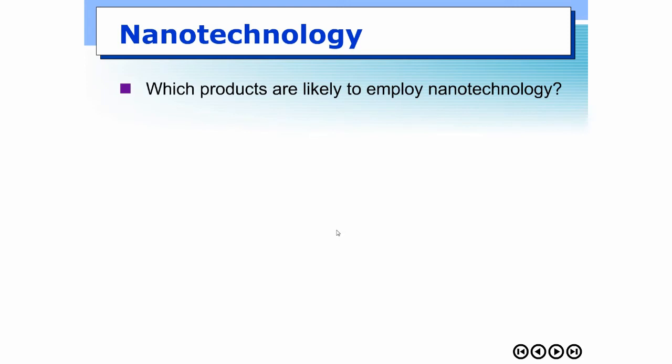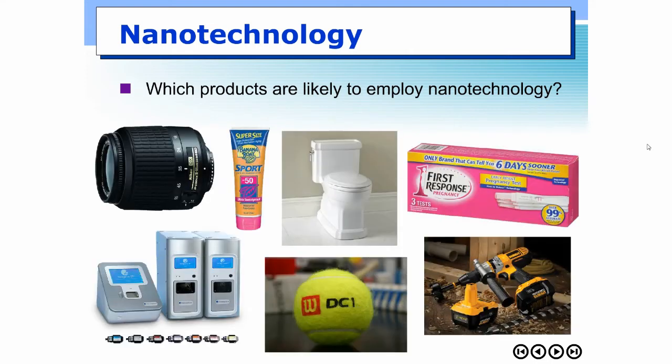There are a lot of products in the market right now that contain nanotechnology. If I show you these pictures, which one would you imagine contains nanotechnology? Someone would say this lens because it has electronics. Of course, but if you exclude all electronics from this picture, you see that sometimes nanotechnology is hiding in plain sight.